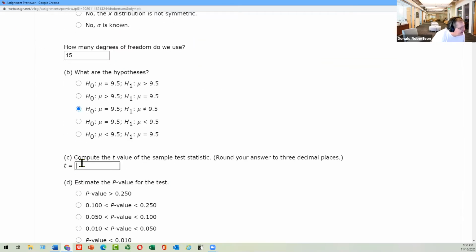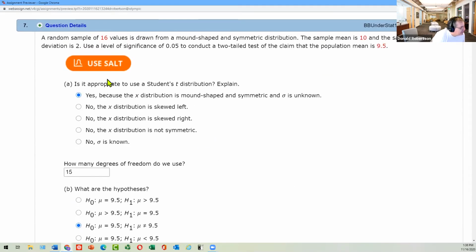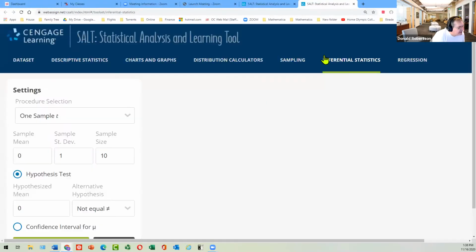All right. Going to compute a t statistic. So I'm using this guy again. The mean, sorry, is 10, mean of the sample. The standard deviation was 2. The sample size, not the degrees of freedom, was 16.